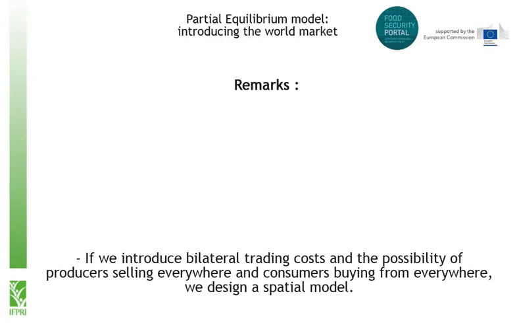So we can change the program, introduce bilateral trading costs, but also the possibility for each producer to sell everywhere their products, locally, but also in any place. And of course for consumers to buy everywhere what they want to buy. So it means that we would have bilateral relations of exports and imports, and this is what we call a spatial model.